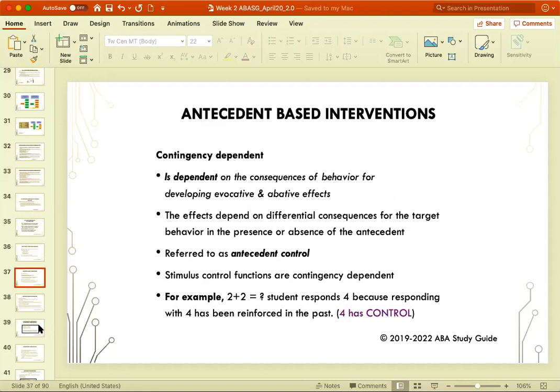I specify antecedent control as contingency dependent because I think of that as it needs to be dependent upon that contingency in order to have control, right? Just like stimulus control is dependent upon the availability of the reinforcing contingency. It's contingent, it's dependent on that consequence.